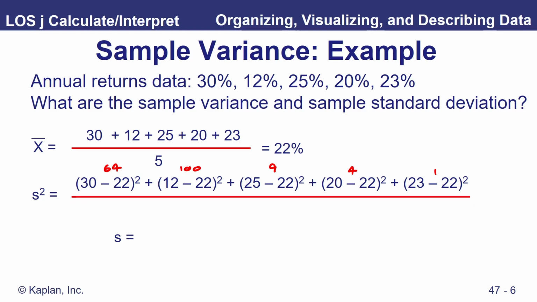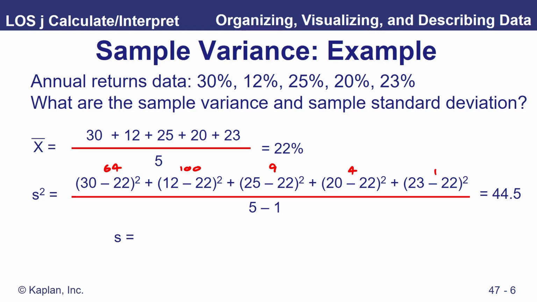Now, if we were working out population variance, we'd then divide through by n, i.e. 5. But if we're asked for sample variance, remember we make Bessel's correction, and divide by n minus 1. In other words, we divide in this case by 5 minus 1, 4. So 178 divided by 4 gives us 44.5.